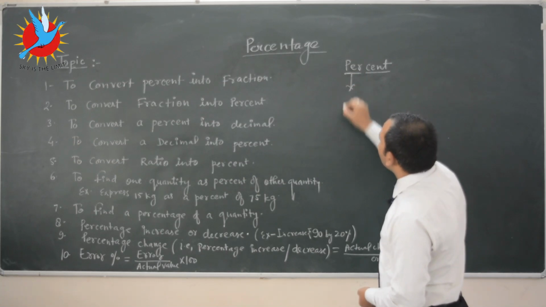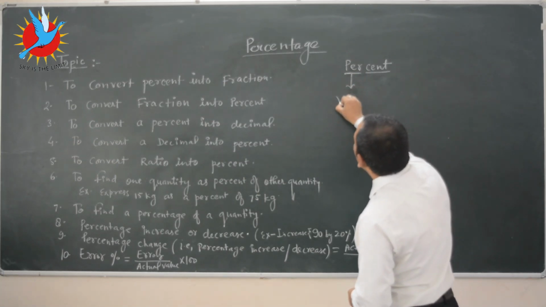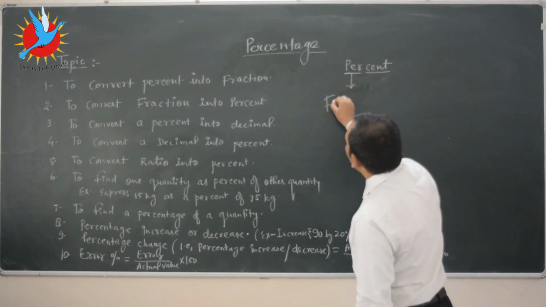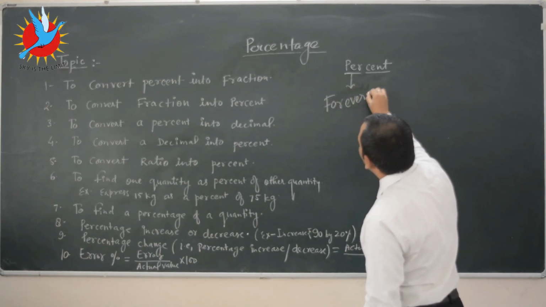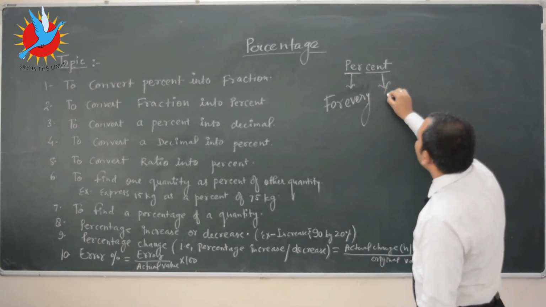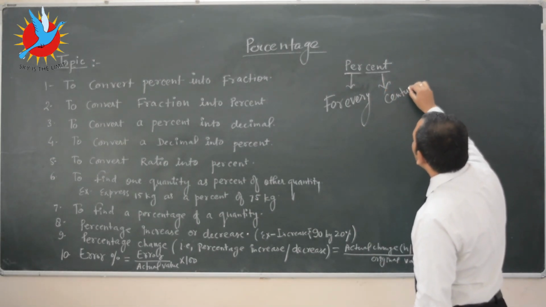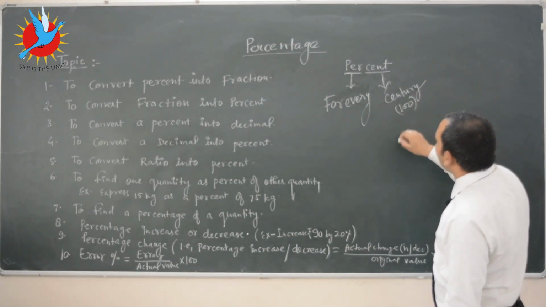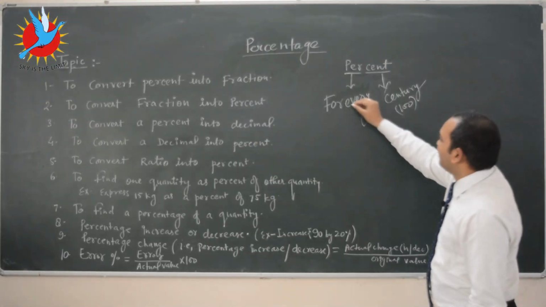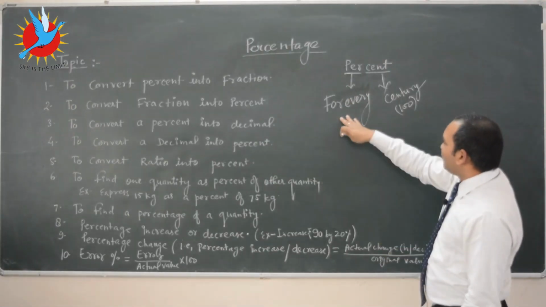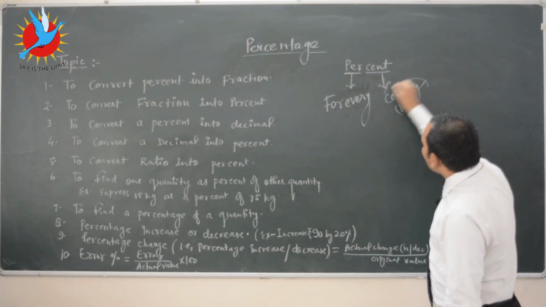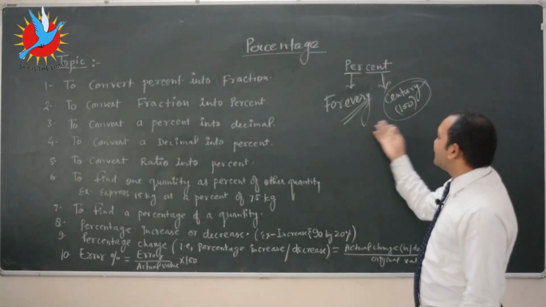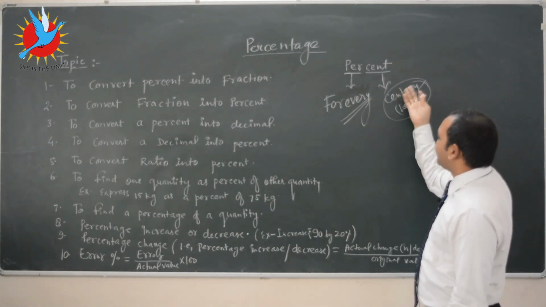So per means for every, and cent means century. You know century? Century means 100. So out of 100, any number that is given, we consider that as percent.